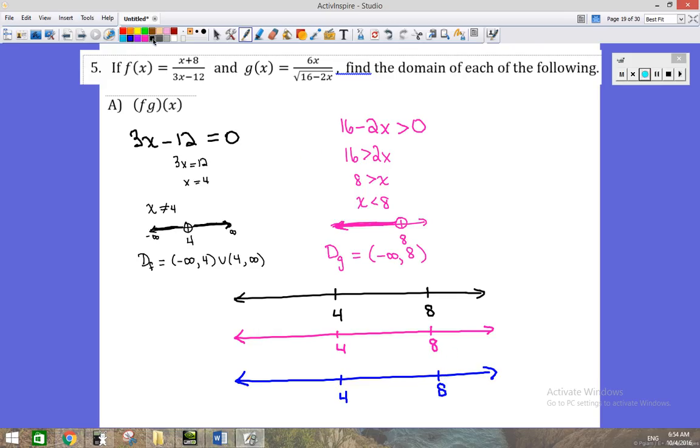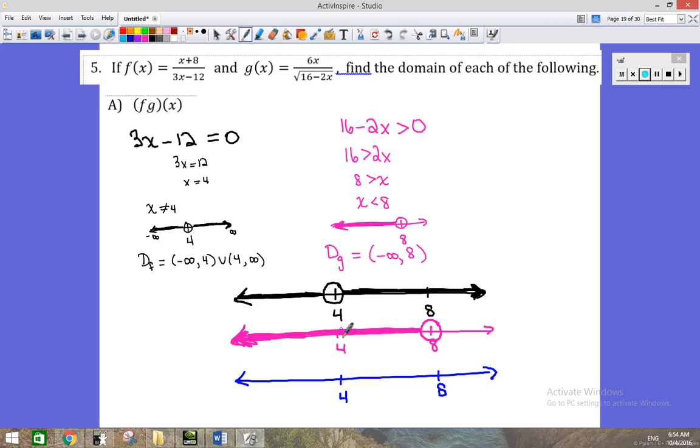In the domain of f, it was all real numbers, excluding 4. In the domain of g, it was all numbers that were less than positive 8. So we start with our boundaries.